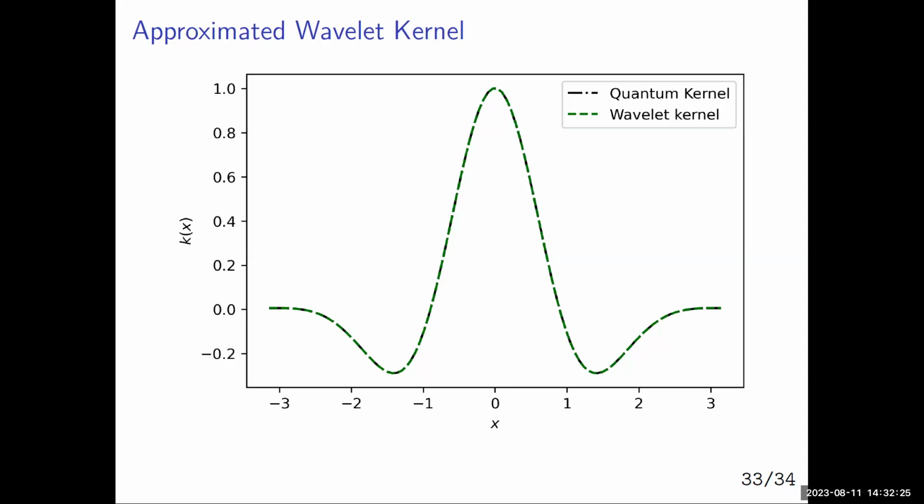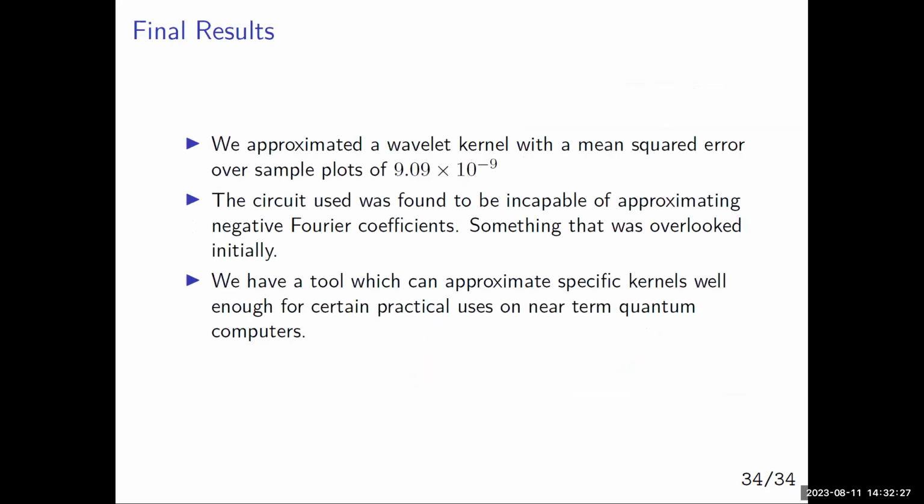And yeah, so to evaluate how accurate the approximation was, we took the data points at each point on the wavelet kernel and then the approximated one, and computed the mean squared error. And over all the sample plots, it was times 10 to the minus 9.